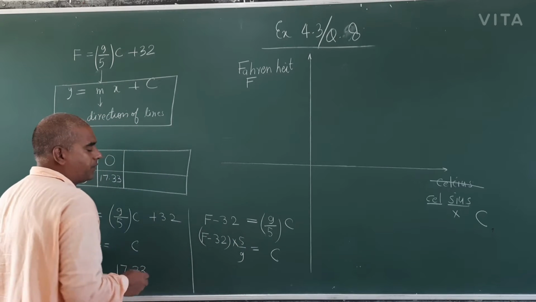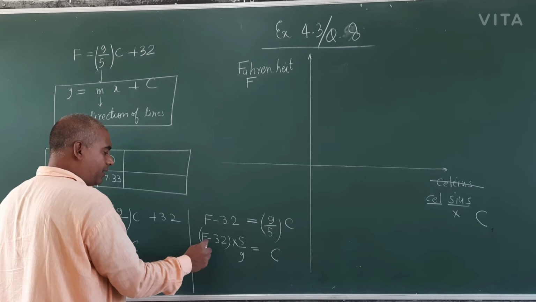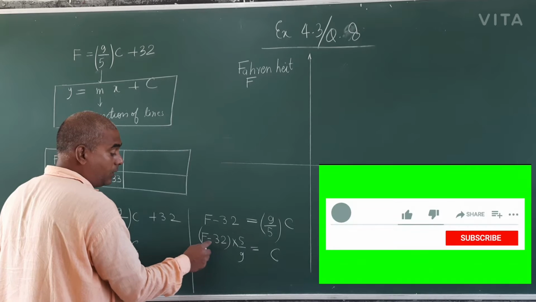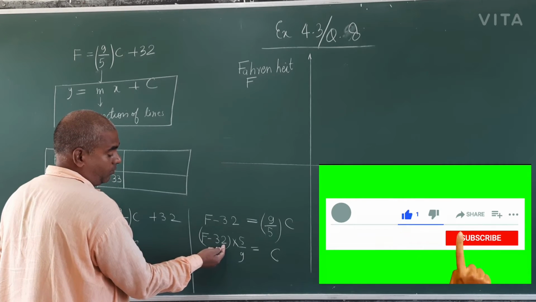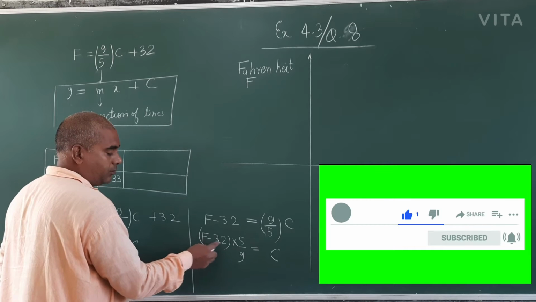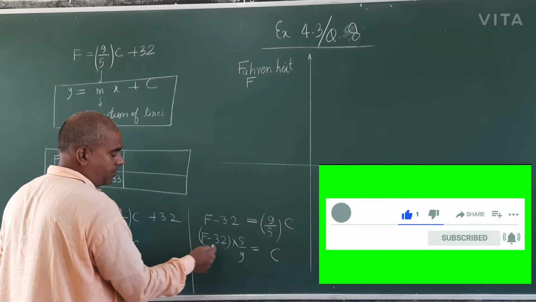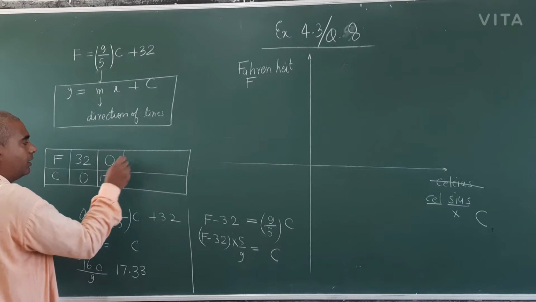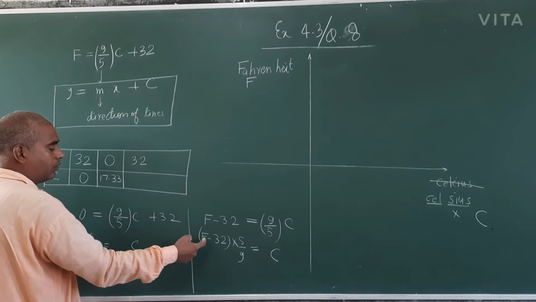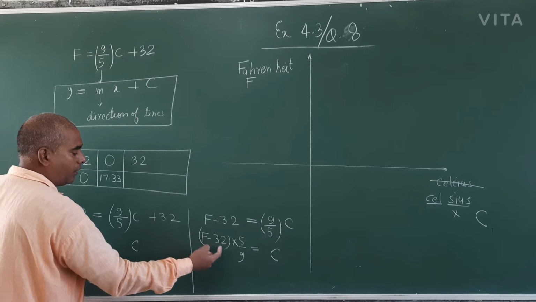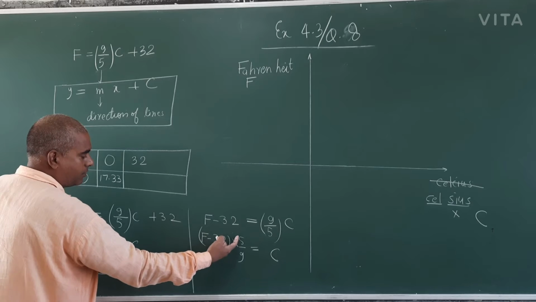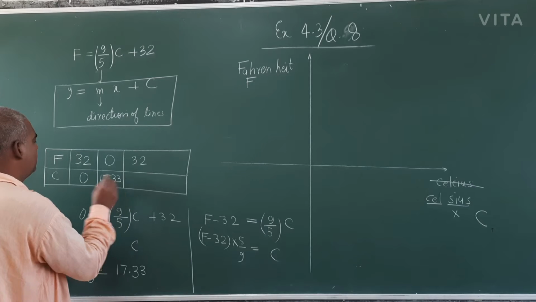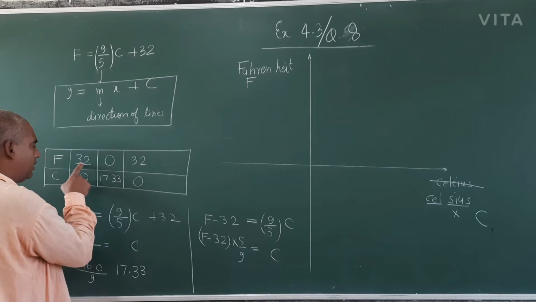This is the formula. So 9 should completely divide it, and 32 you may take as 0 also. What value can you take for F? Because 0 is divisible by all numbers, if you take F equal to 32, then 32 minus 32 is 0, and 0 into 5 is 0, 0 upon 9 is 0. So you will get C value 0. This you have already got.